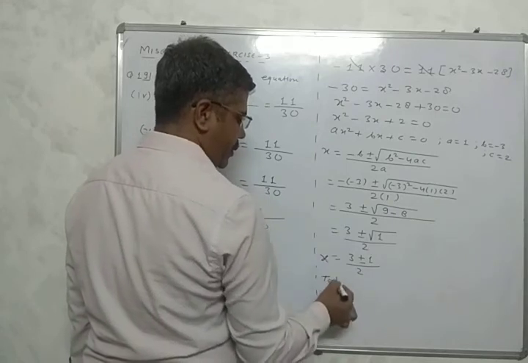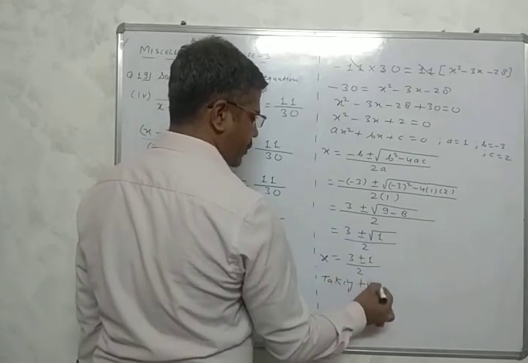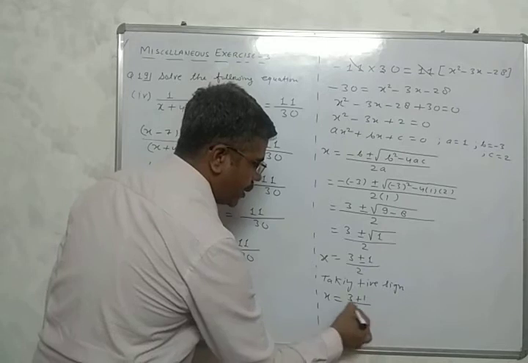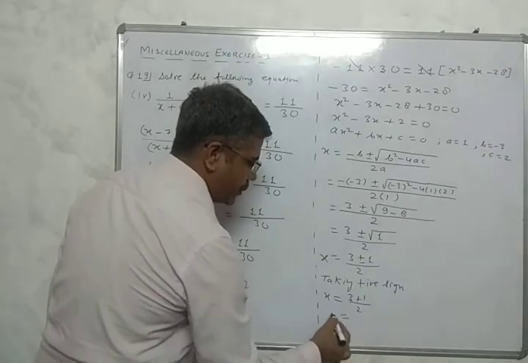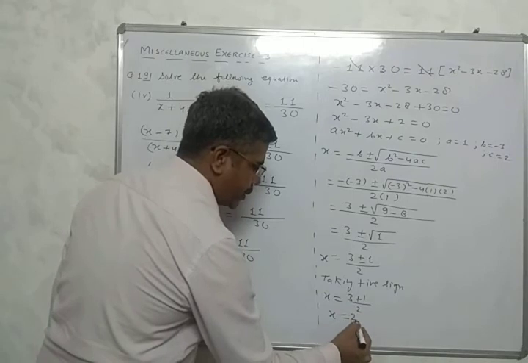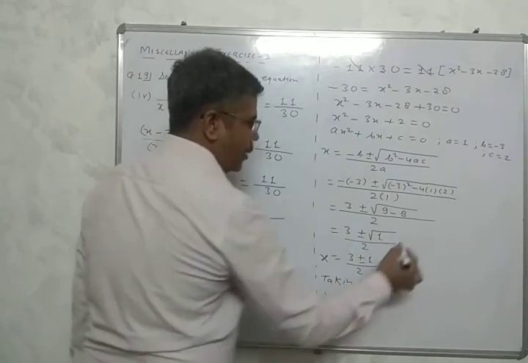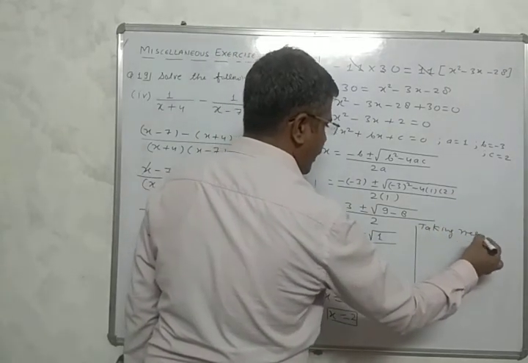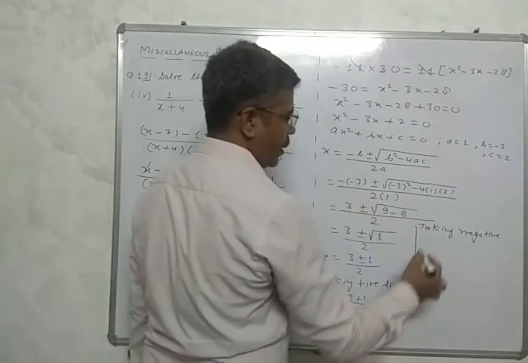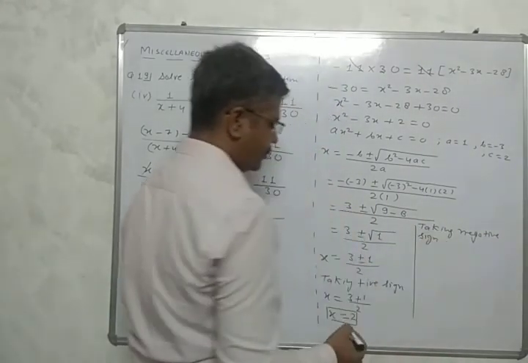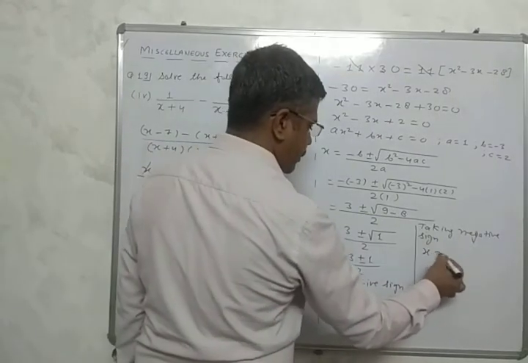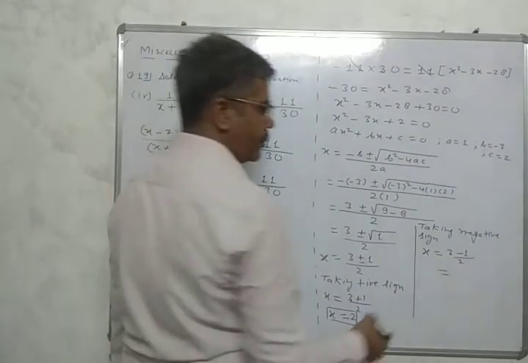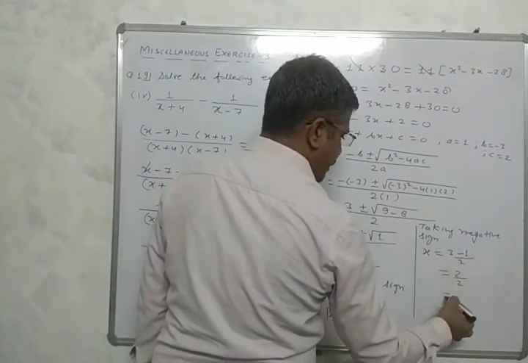Taking positive sign, we have x equals to 3 plus 1 upon 2 equals to 4 upon 2, and x equals to 2. Taking negative sign, here x equals to 3 minus 1 upon 2. 3 minus 1 is 2, and 2 upon 2 is 1.